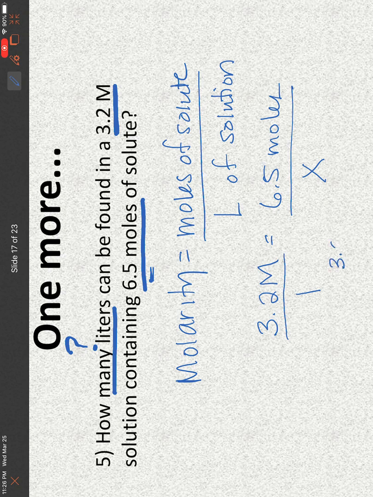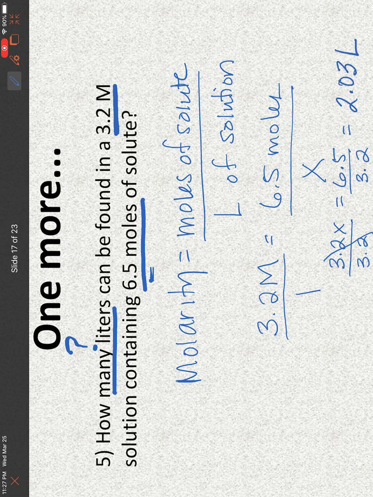So this is going to take a little bit of rearranging, right? Again, you can put this over 1 and then cross multiply, and you get 3.2x equals 6.5. And then if you want to get x by itself, you can divide both sides by 3.2.